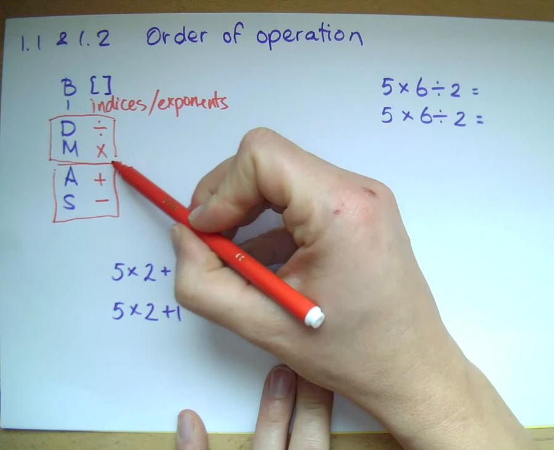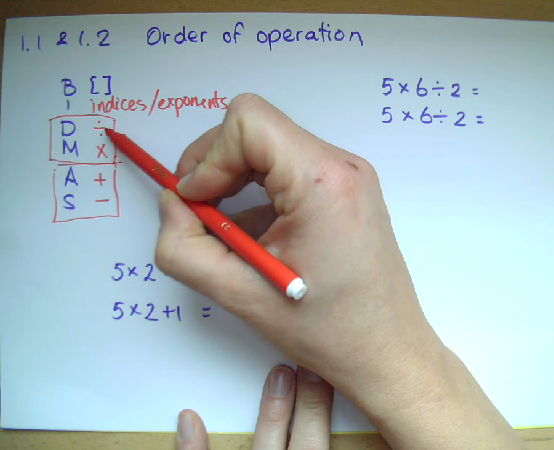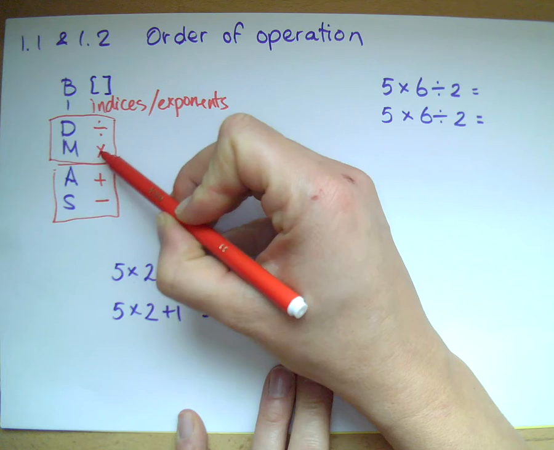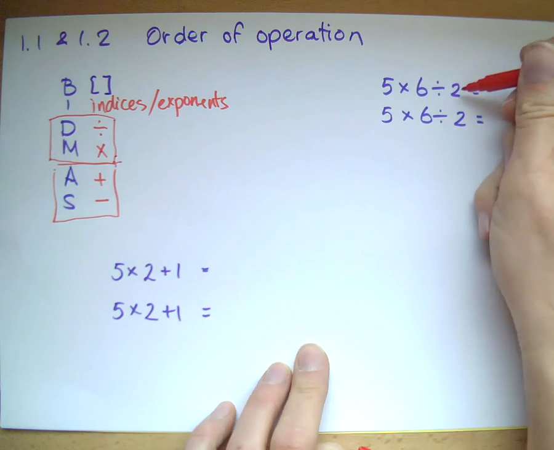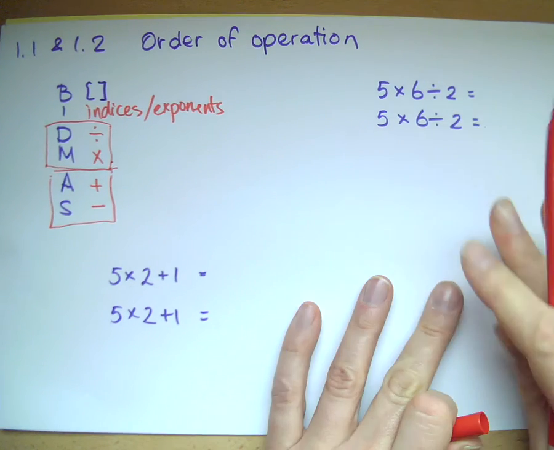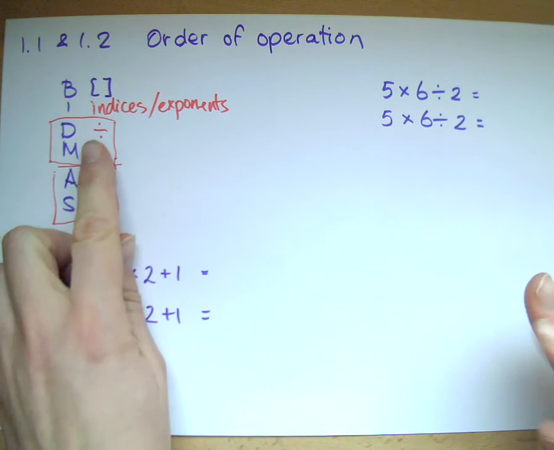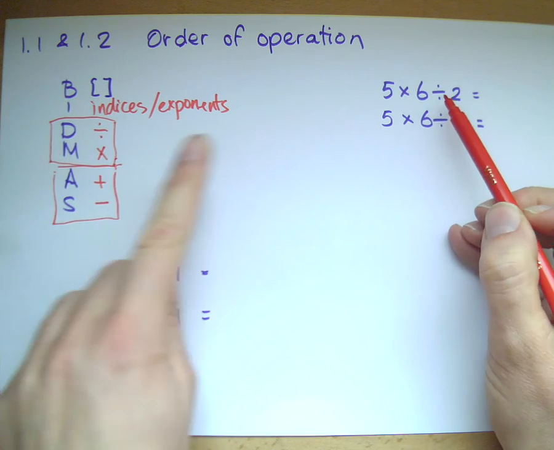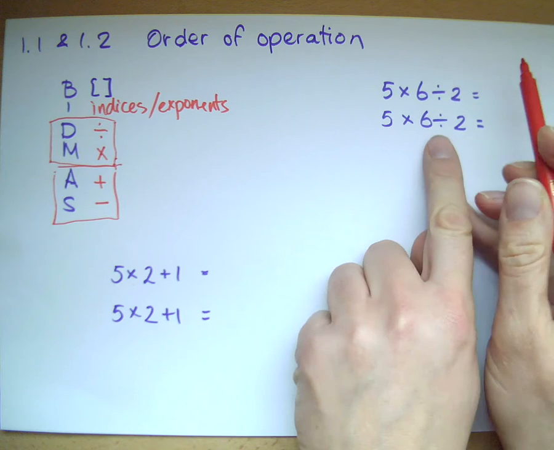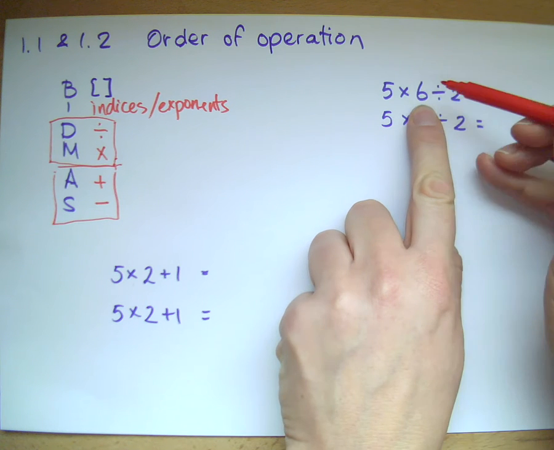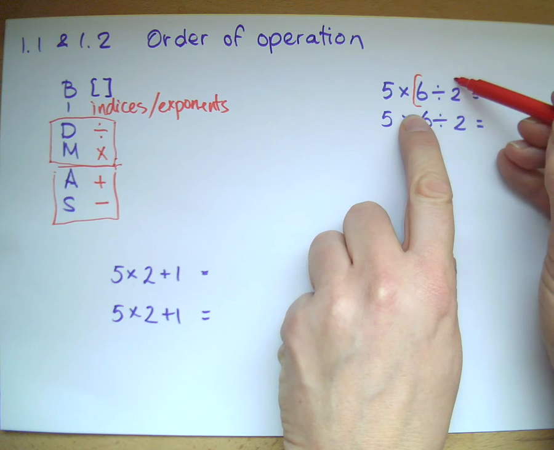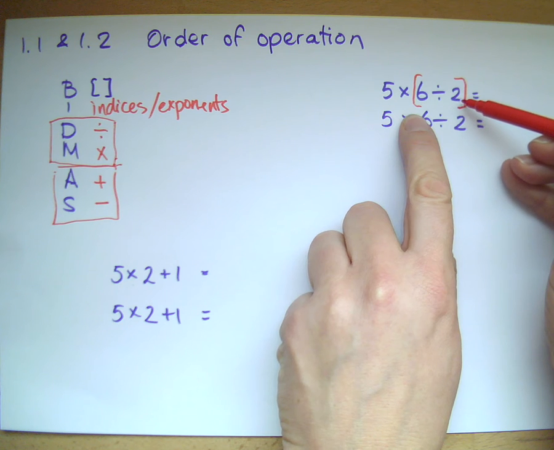I'll show you what I mean by it doesn't matter if you put division or multiplication first. Look at this example. If we say division comes first and then multiplication, we do this bit first and then multiply it.